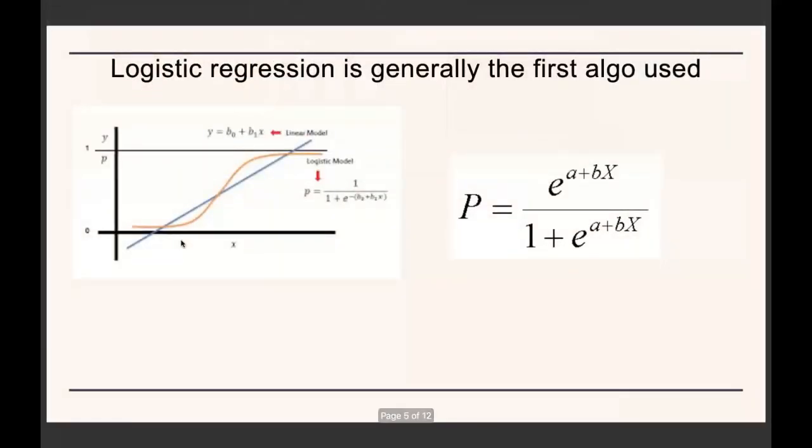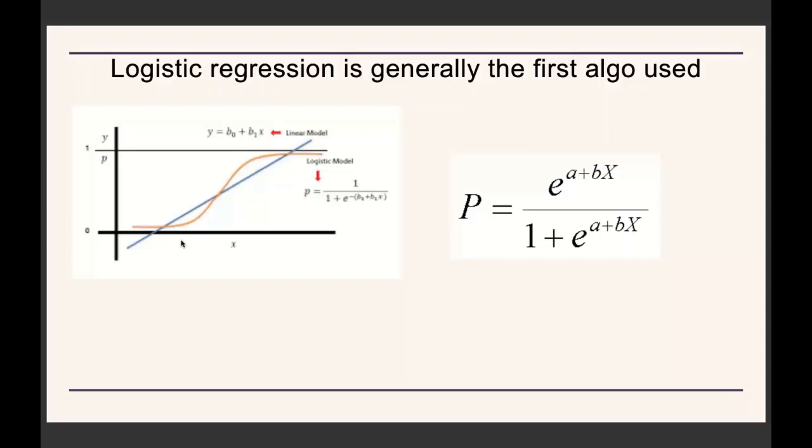There is a plethora of classification learning algorithms. I won't go into each one of them, but if I want to give you a list, there will be logistic regression, decision tree, random forest, gradient boosting, naive Bayes, k-nearest neighbor, support vector machine, then the likes of neural network.